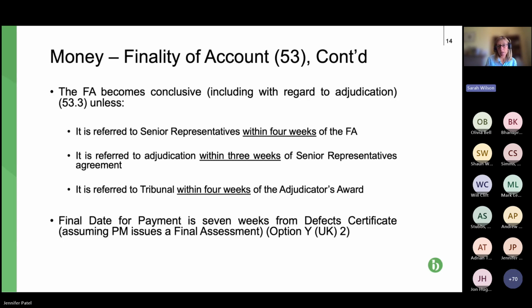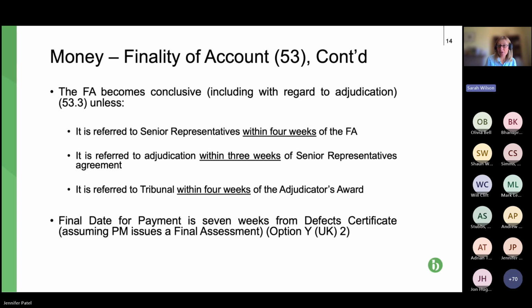For example, I don't agree with the quantification of that compensation event. We're still pursuing that on possibly several compensation events, and may not think, right, well, we need to refer this, we need to get onto this and refer it to the senior reps or adjudication within 4 weeks. So I suppose that's why you're here at this webinar.